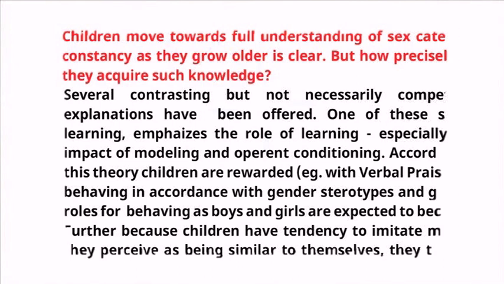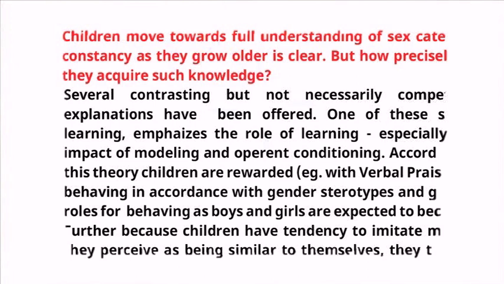One of these, social learning, emphasizes the role of learning, especially the impact of modeling and operant conditioning. According to this theory, children are rewarded, for example, with verbal praise for behaving in accordance with gender stereotypes and gender roles, for behaving as boys and girls are expected to.